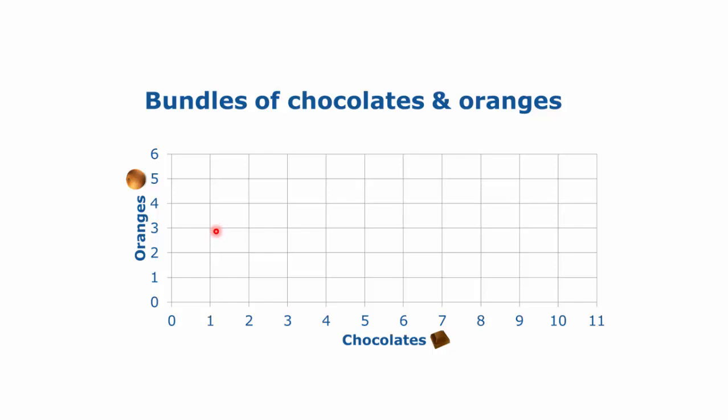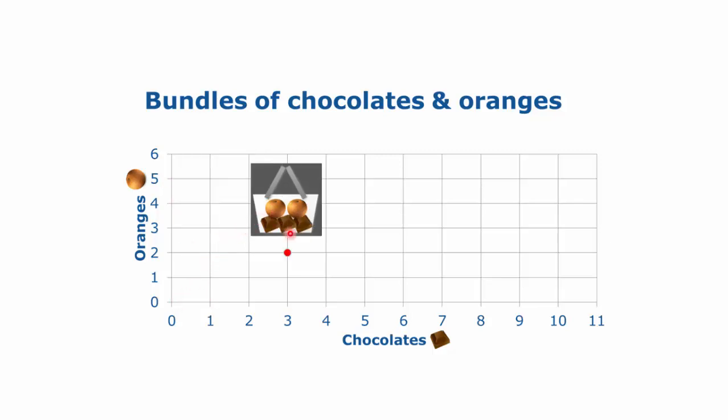Let's take a look at three specific points so that I can make sure you understand what I'm talking about. You see this red point here? This red point corresponds to a bundle containing 3 chocolate bars and no oranges. This bundle up here represents a bundle containing 5 oranges and no chocolate bars.